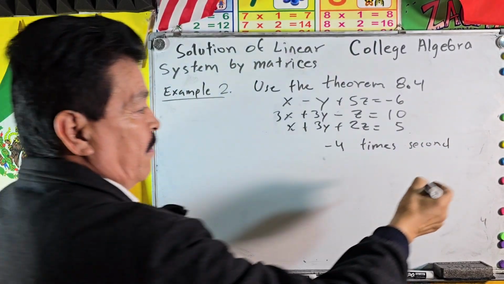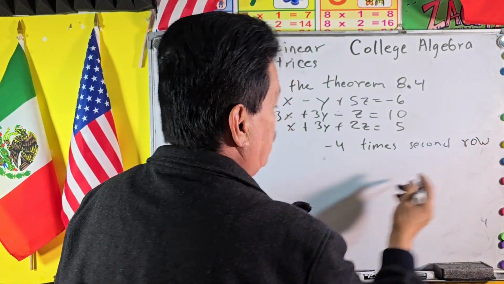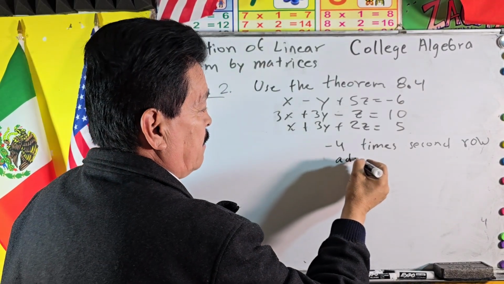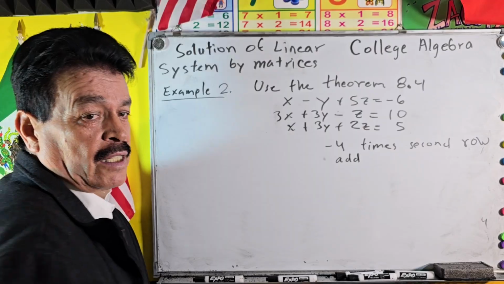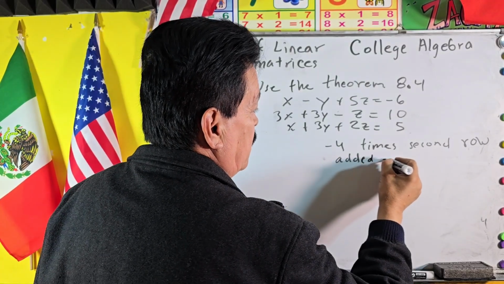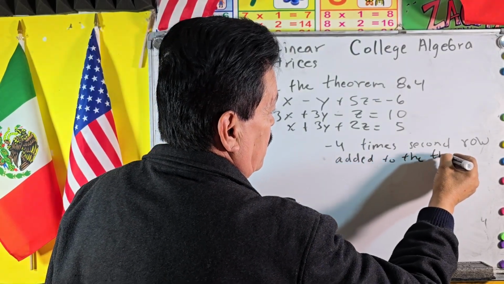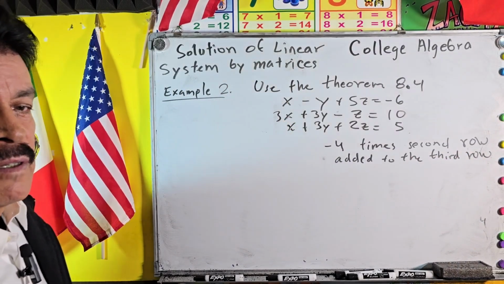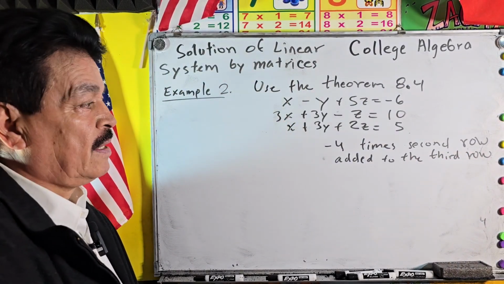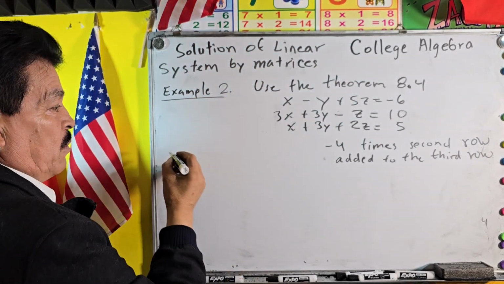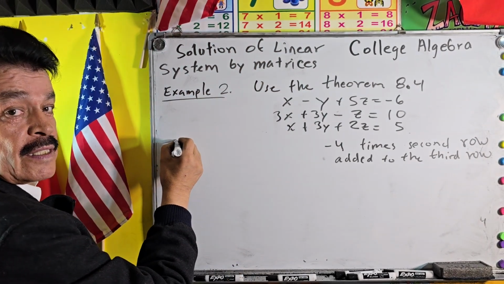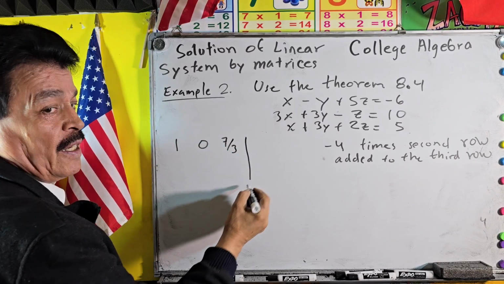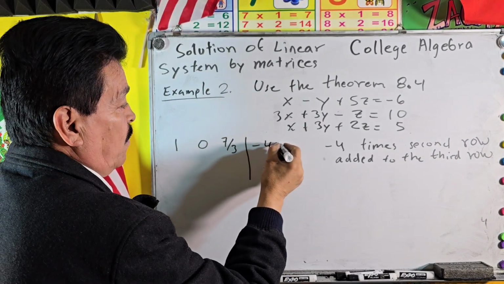Remember the problem before. The second row added to the third row. Zero. Okay. Yes, by the theorem. So now we will have here this 1 0 7 third, here -4 third.